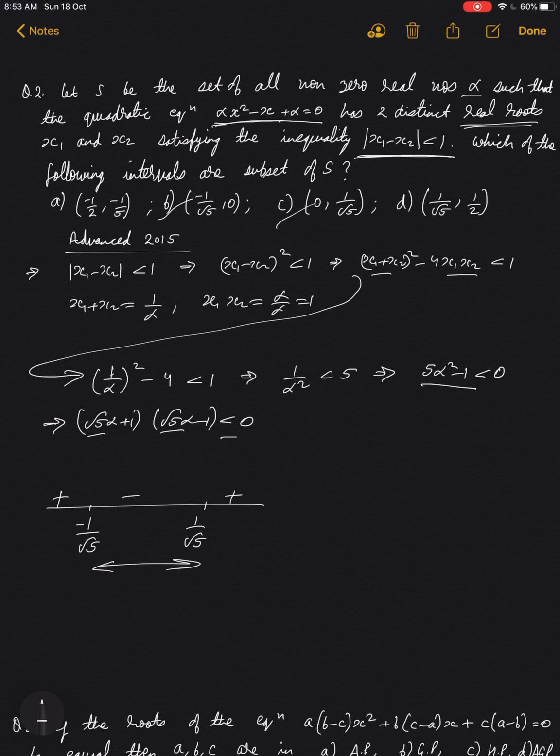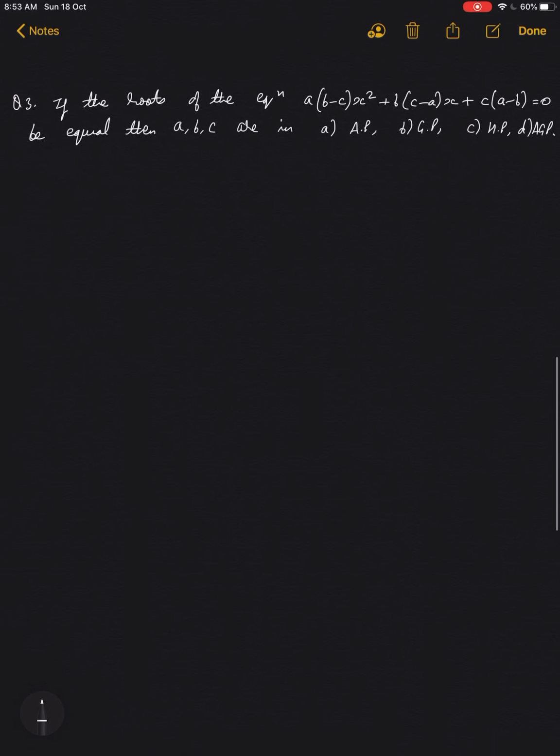Because it is given in the problem non-zero real numbers alpha. And also if alpha is 0, it will not be a quadratic equation, it will become ax equal to 0, or a straight line which is the x-axis. So alpha cannot be 0. So alpha lies in the range minus 1 by root 5 to 1 by root 5. Now we'll move to the next problem.